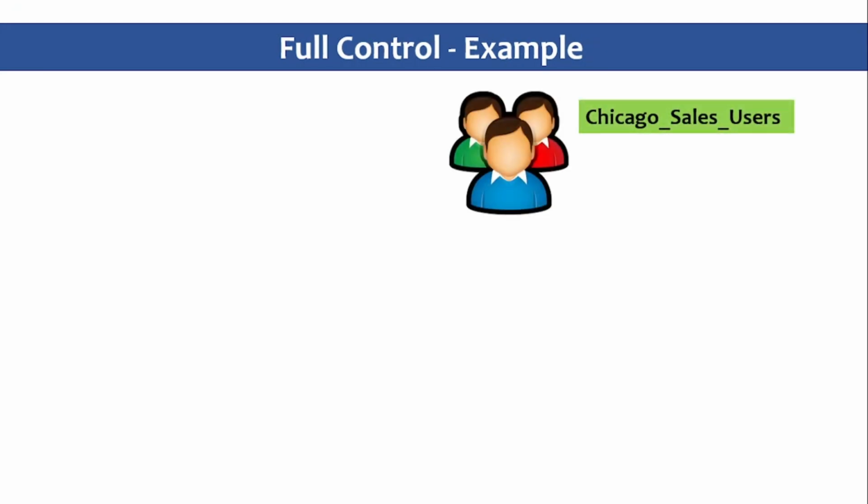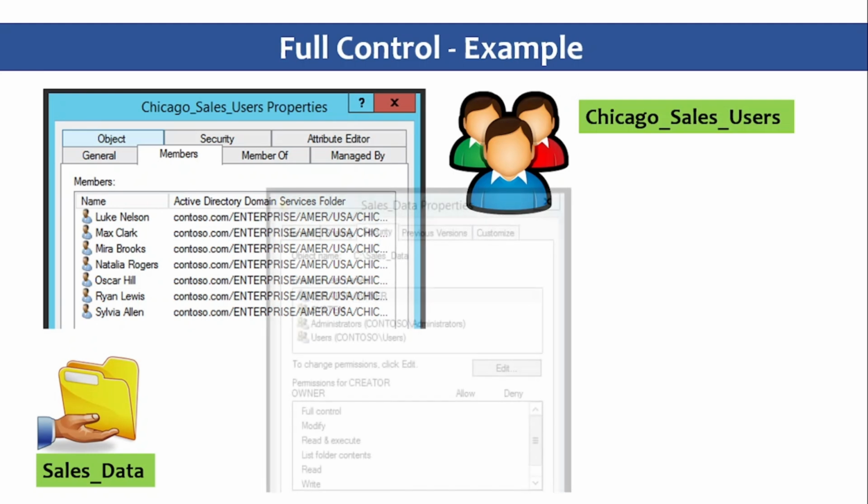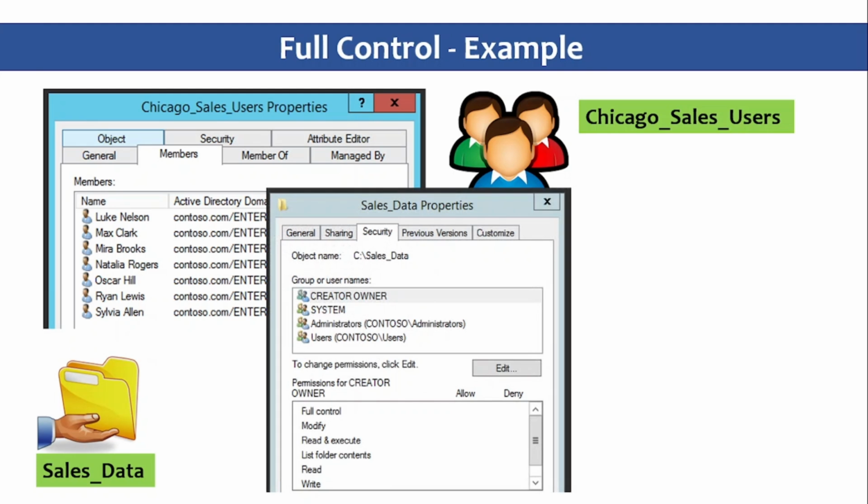So let's take an example. Let's say we have a group named Chicago sales users, and these are the members of the group. And we have a folder named sales data, and this is the property of sales data, and we have highlighted the security tab at the top.